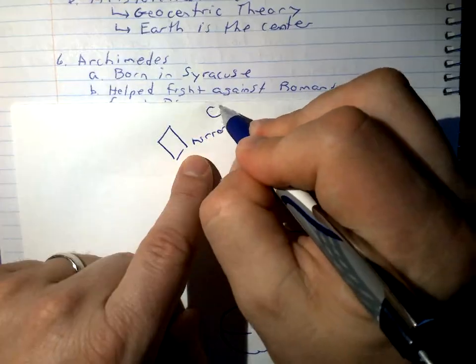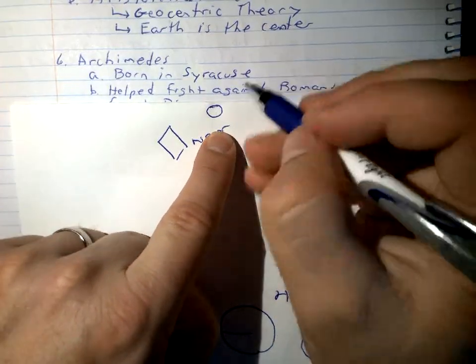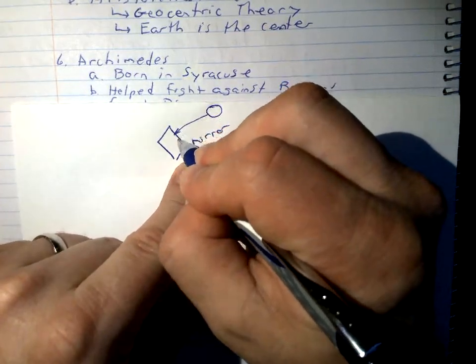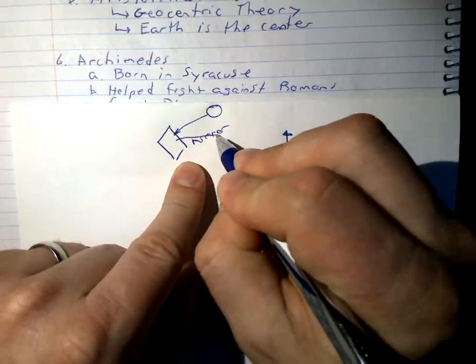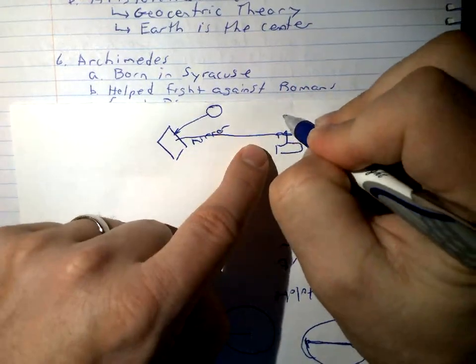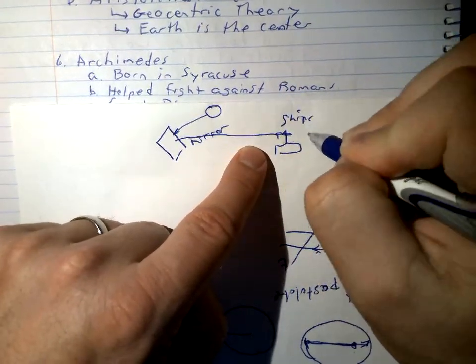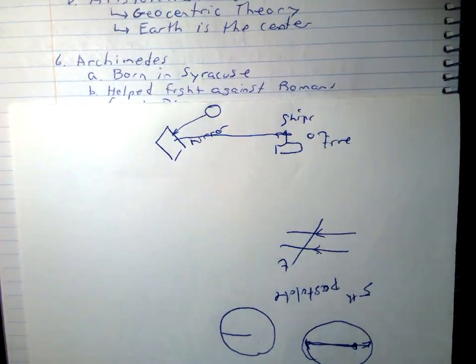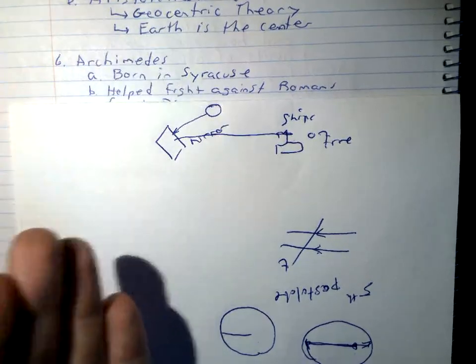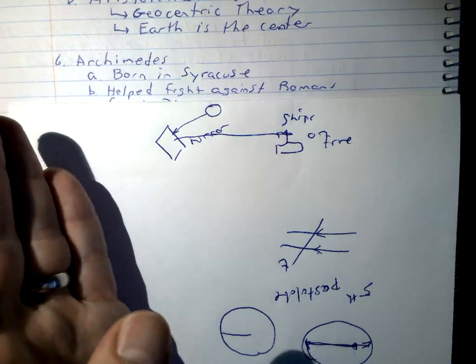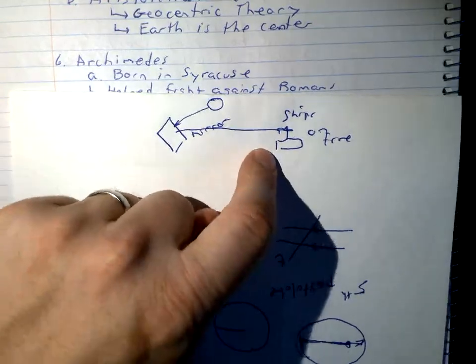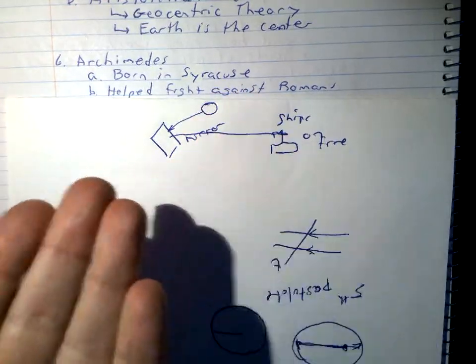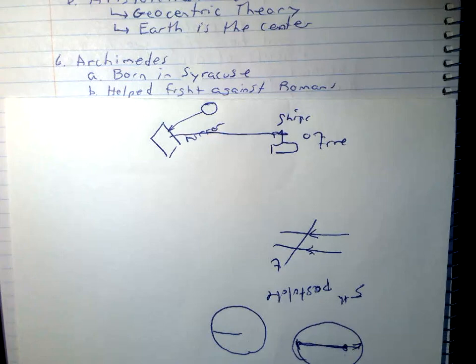And what happens is that you take the sun, and the sun's rays would bounce off the mirrors onto the ships and set the ships on fire. That's kind of what he invented, or maybe invented, these mirrors that transform the energy from the sun into burning rays of fire. And that's kind of what you do with a magnifying glass, if you think about it.